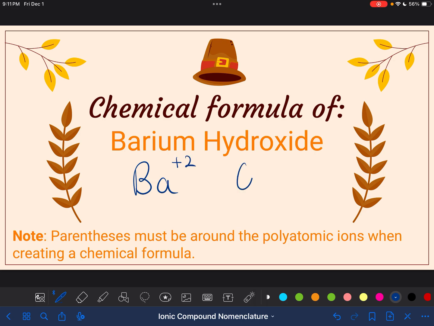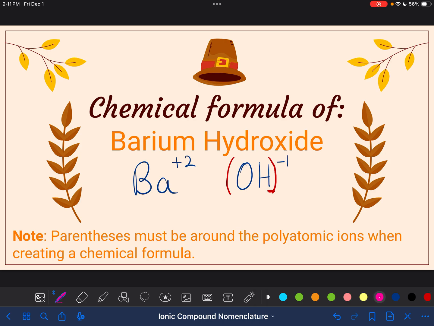Hydroxide, OH with a -1. The first thing I would do if I were you is put parentheses over the OH. Or if it was sulfate, SO4. If it was nitrate, NO3. Any subscripts that you see on the bottom also must be included in the parentheses. The only thing that's not included are the charges.